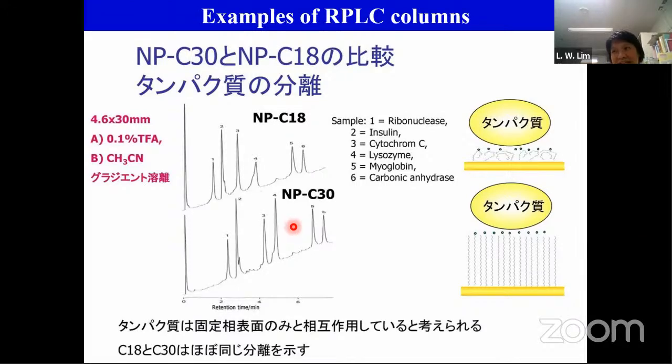Shotgun means using very short columns, 2 centimeter, 3 centimeter, 5 centimeters, to increase the separation efficiency and at the same time reduce the separation time. So that is for some reading, shotgun analysis. Sorry, I hope I answered your questions.